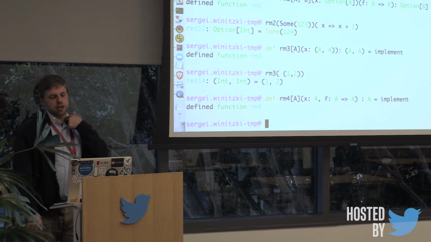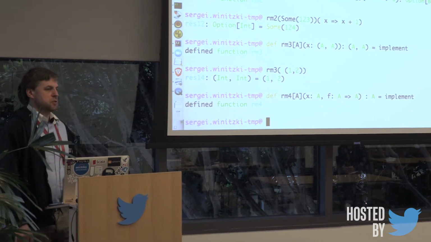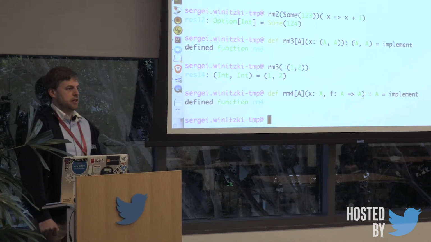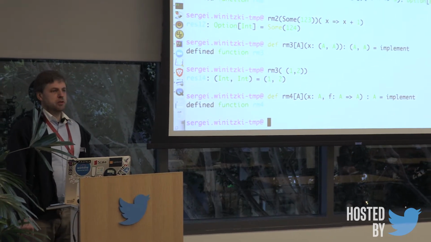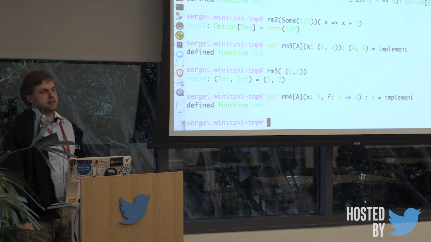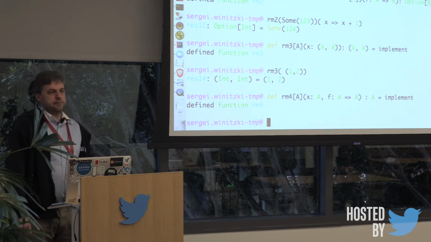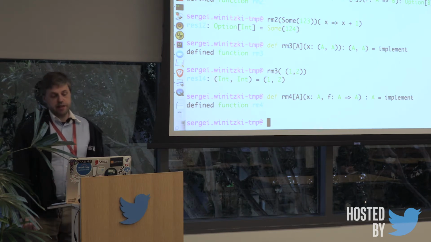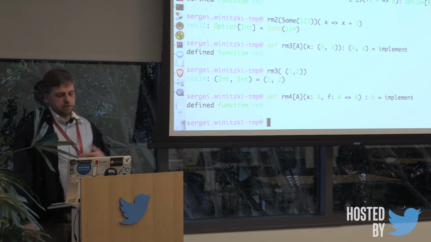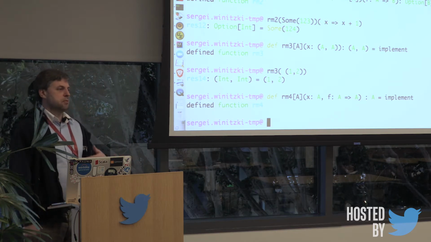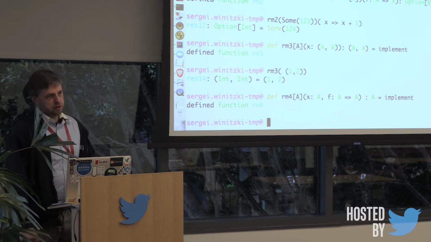So this function can be implemented in infinitely many different ways. Yeah, you can ignore f and just return x. Or you can apply f to x. Or you can apply it twice to x. Right? Now, again, heuristics here do not allow you to ignore arguments because you have another implementation that doesn't ignore arguments.